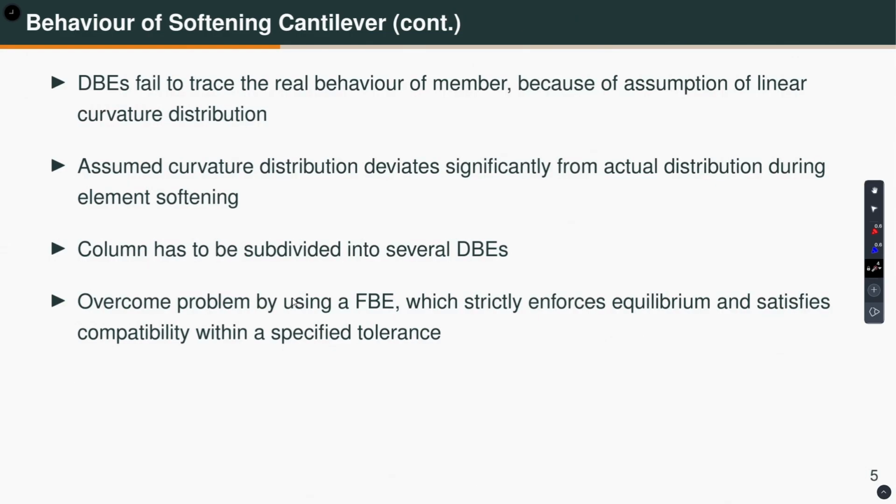So, therefore, I am saying DBEs or displacement based elements fail to trace the real behavior of member because of assumption of linear curvature distribution. Okay. And because the assumed curvature distribution deviates significantly from the actual distribution during the element softening. So, therefore, it is very difficult. You have to use many displacement based elements.